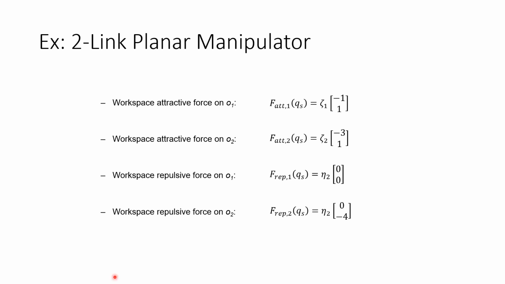And now when I combine everything together, I can readily identify that the workspace attractive force on origin O1 is going to be this expression that we computed earlier, and the attractive force on O2 is computed like this, where zeta 1, zeta 2 can be selected by the user. And similarly for the repulsive force on O1 and O2, these are just computed in the previous slide, and these are the two vectors.